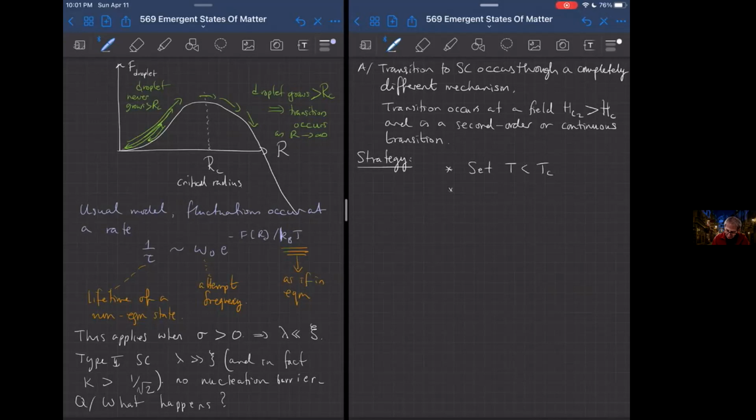Then we're going to solve the Ginzburg-Landau equations in a magnetic field, and solve for psi as H is reduced from infinity.